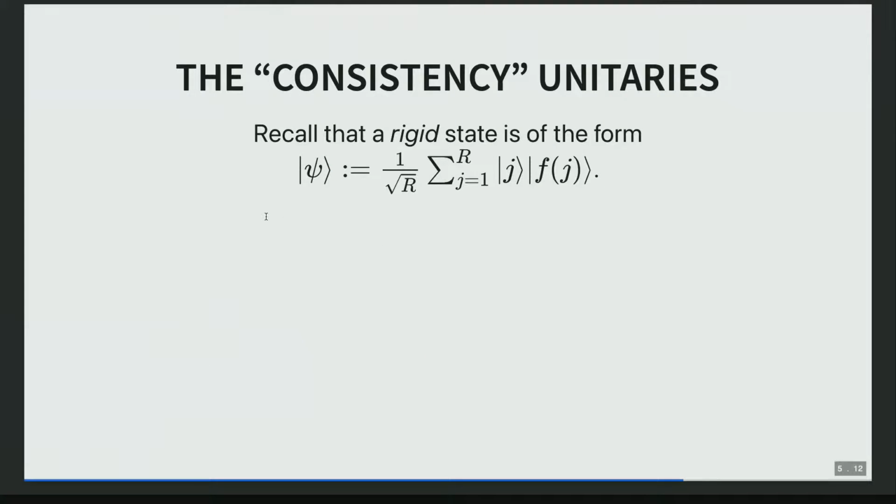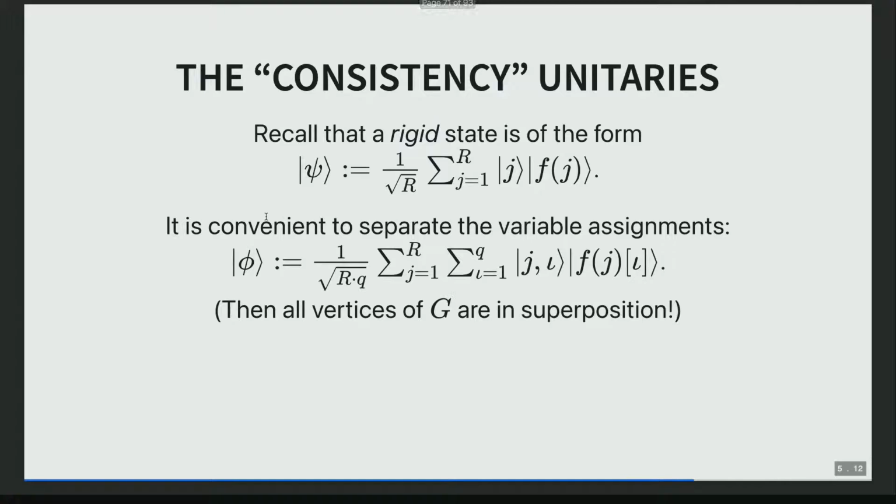So recall that this rigid state is of the form like this. We're uniform over the constraints, and we have the variable list of the involved variables, and the values of those variables. It's going to be convenient to separate the variables out. What we would like is to have every variable assignment on its own.